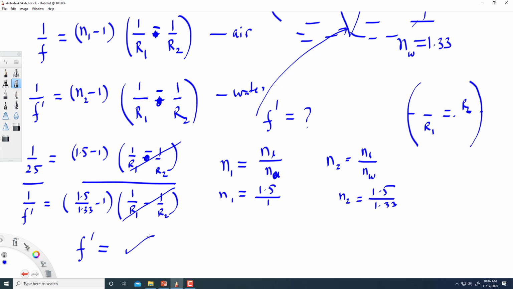That should be pretty straightforward. I think you can do that. Just the basic math, right? All the numbers are there. You just need to find f prime.